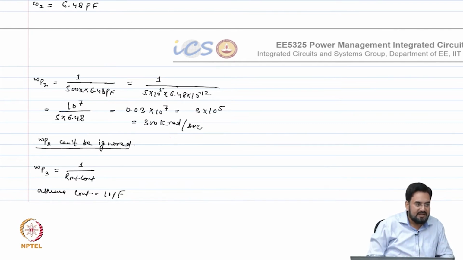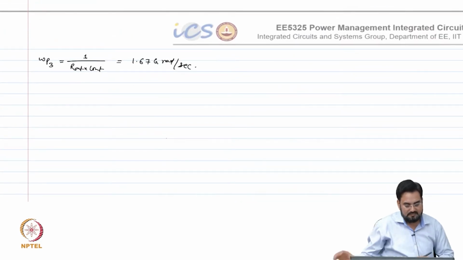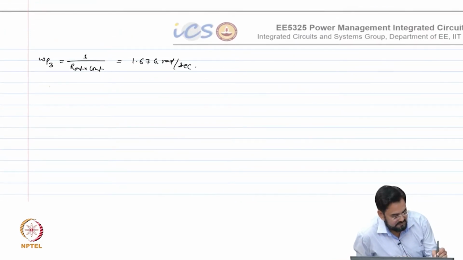So you may not need to compensate with this spec. But let us say you put a microfarad cap, then what would happen? Omega P3 is outside your UGB.